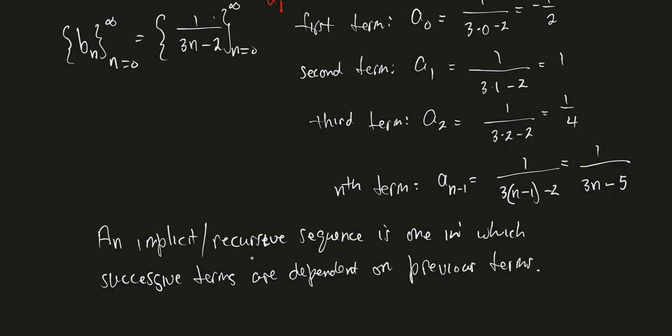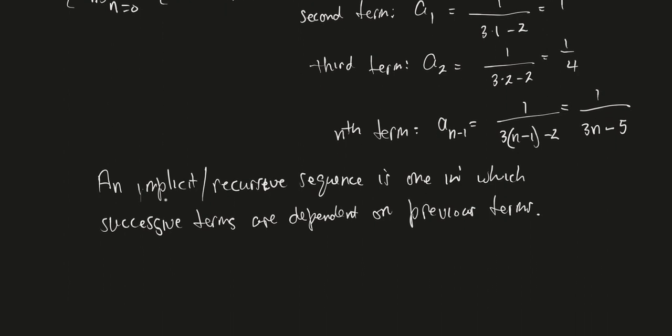So in other words, instead of having just an expression in terms of the index that you can just evaluate, in an implicit or recursive sequence, you might have to know the previous terms before you can figure out the next term, the successive terms.